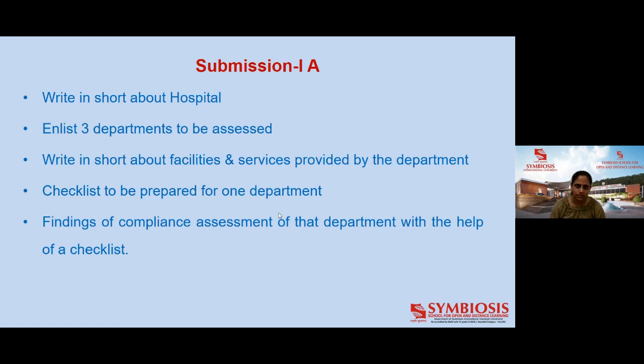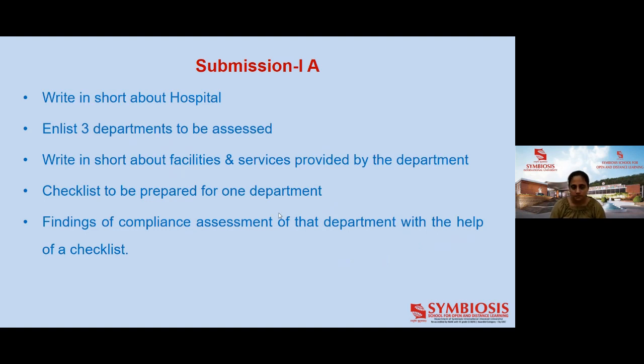For example, there is the operation theatre where operations are carried out. So what are the facilities and what are the services? You have to write it down in short. Now you have to prepare a checklist for one department. Remember, in submission 1A, you have to submit just one department.